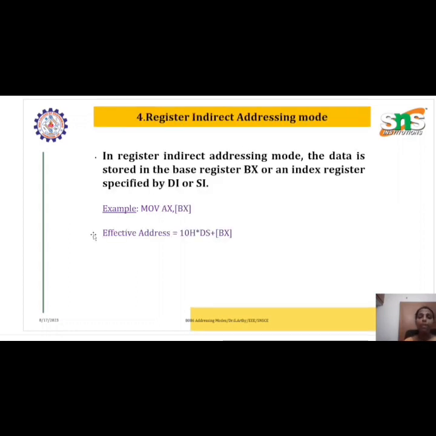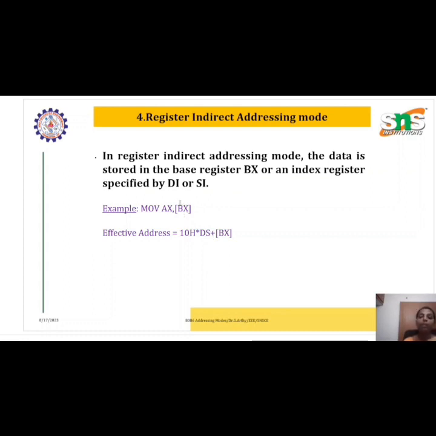Next is register indirect addressing mode. In register indirect addressing mode, AX and BX are registers. The register BX is indirectly specified in this instruction. That is, the data in BX will not be accessed, and the effective address will not be BX. The effective address will be BX added with the data segment register address, and then the data in that address will be transferred to AX.